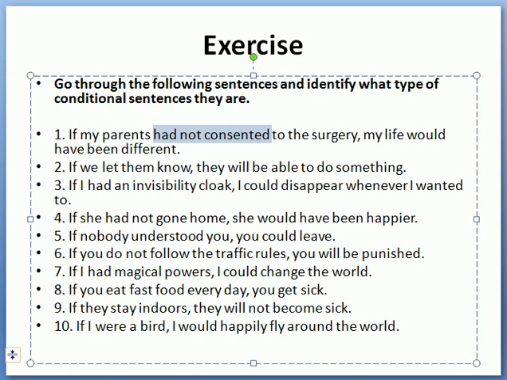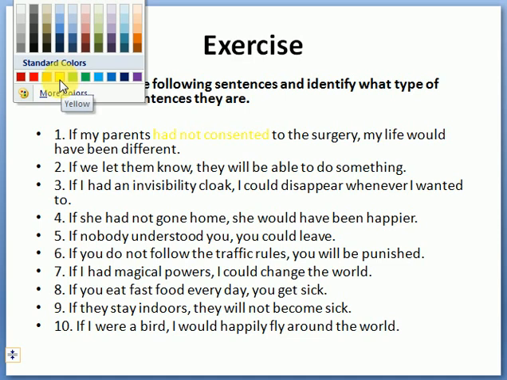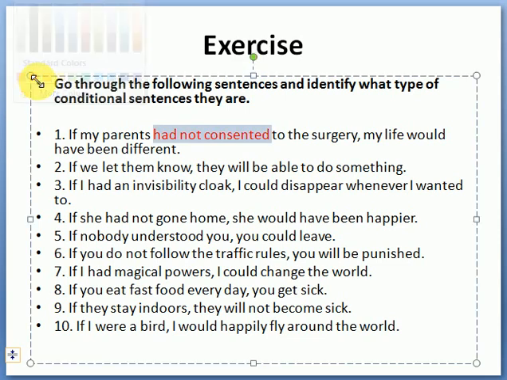If my parents had not consented, this is the past perfect. My life would have been different, so would plus have, this is being used in the third conditional.